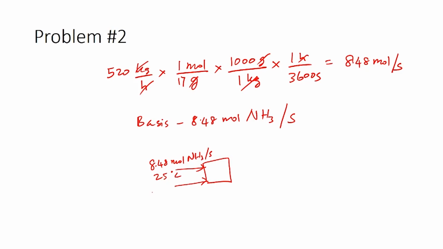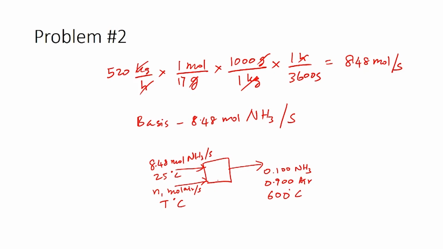We do not know the number of moles of air being fed, so let us call it N1 moles of air per second, and we also do not know the temperature at which it is coming in, so we will call that T degrees Celsius. We do know that the final mixture is going to have 10% ammonia, which is 0.1 ammonia and 0.9 air. This is the condition of the mixture, and we have also been told that the temperature of this mixture is 600 degrees Celsius.